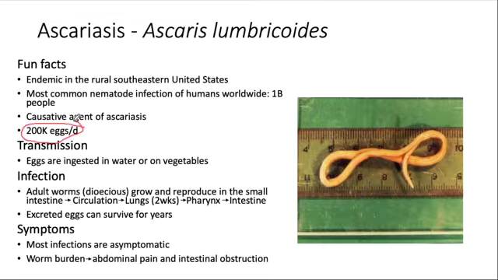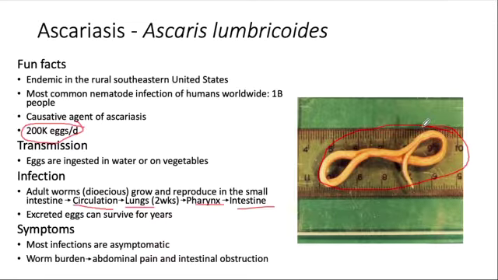The adult will inhabit first the intestine because it's ingested through food or water, and then it will end up going through the circulatory system, the lungs, the pharynx, and the intestine. Once it ends up in the intestine, it will then release eggs again, and then eggs are released into the environment. So that's how the system operates. And this is a picture giving an idea of the length of an Ascaris lumbricoides.